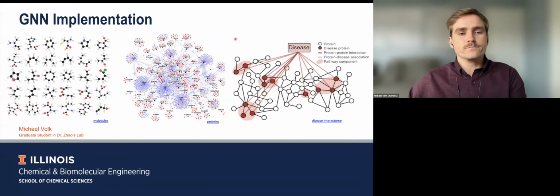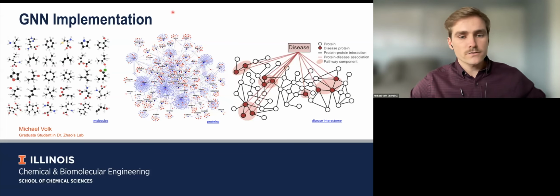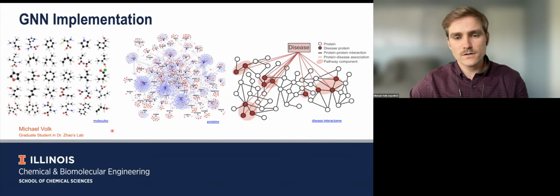Zhao's lab. Our research related to deep learning in general and graph neural networks in particular has to do with the fact that graphs show up everywhere in biology. Part of our lab focuses on biology and also organic synthesis, and there are a lot of graphs throughout both. This example on the left is showing molecules.